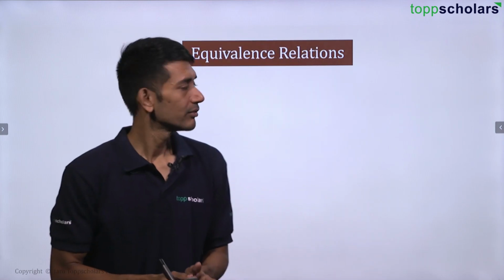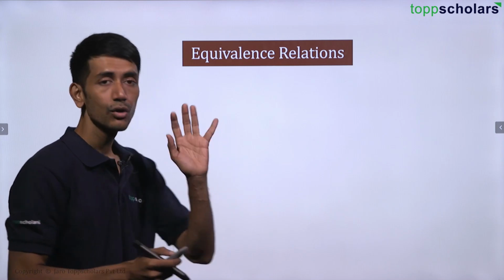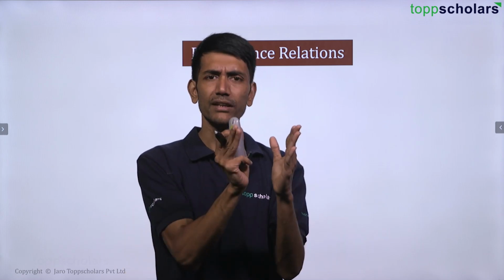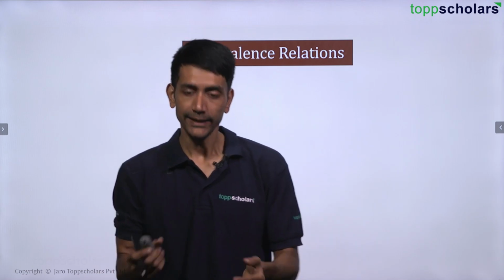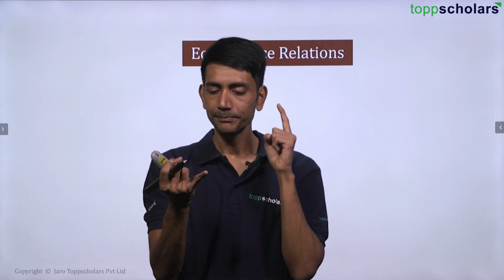Equivalence relation. So equivalence relation is what? We'll also have some problems based on equivalence relation. So when is a relation called equivalence? Equivalence is kind of a perfect relation, that is equal to, because equivalent, equi is equal to, right? So a relation becomes equivalent when the relation is reflexive also, it is symmetric also, it is transitive also.